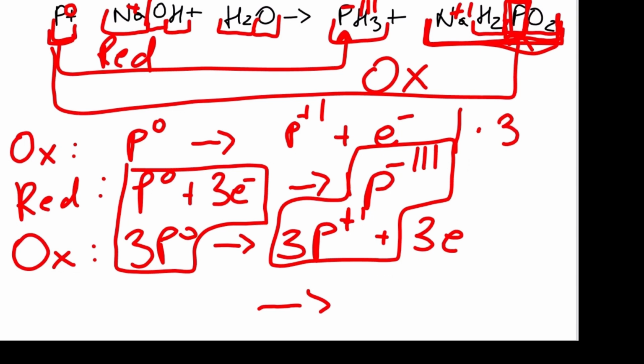So we have one atom of phosphorus here with the oxidation state equal to 0, and below we have also 3 atoms of the same phosphorus. So we have together 4 atoms of phosphorus with the oxidation state equal to 0.